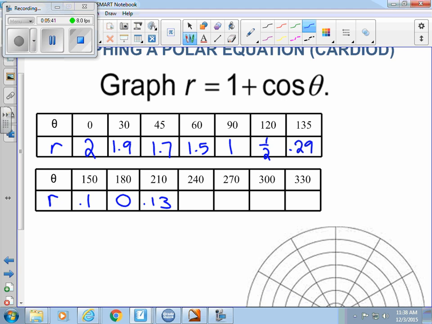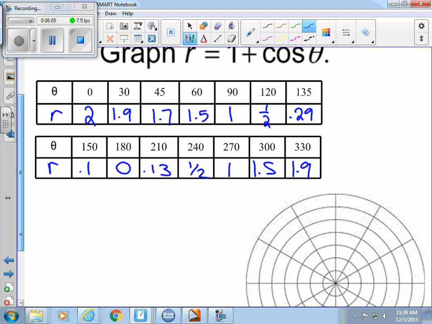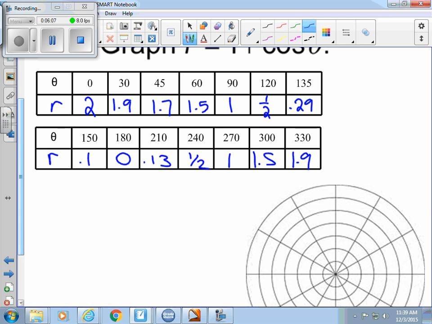It's 1/2. 270 is 1. 300 is 1.5. 330 is a decimal. So in one full cycle, I'm going to go plot those points now.